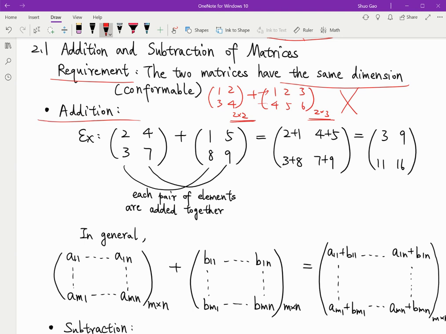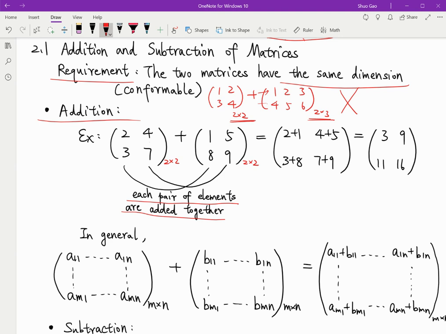So first, addition, for example, [2, 4; 3, 7] plus [1, 5; 8, 9]. These two matrices have the same dimension, right? Both of them are 2 by 2 square matrices. And if we add them together, we add each pair of elements in the corresponding location.